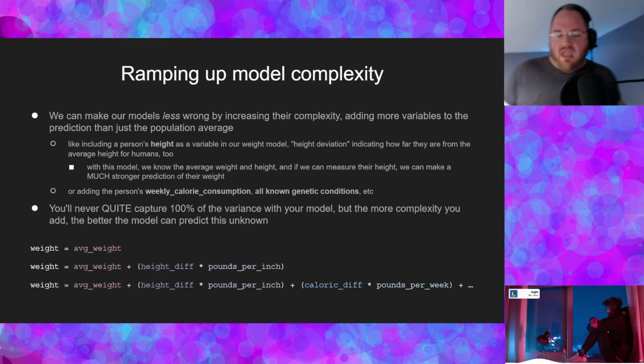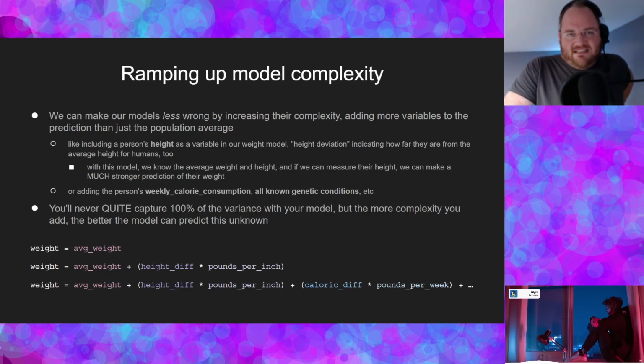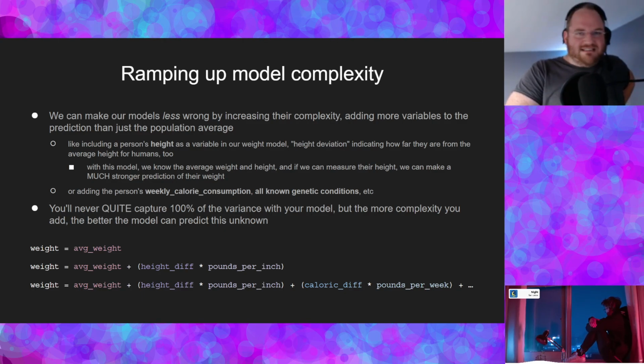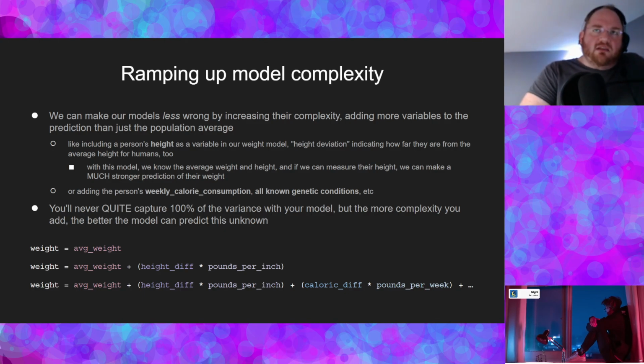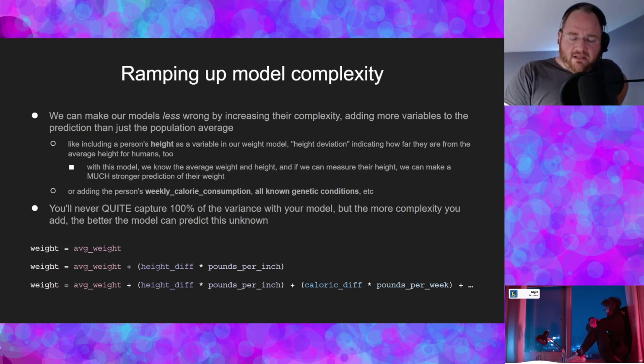For example, if we're still trying to determine somebody's weight, the simplest model is to just say they're probably 150 pounds. Just slapping the average weight onto them and rolling with it. But if you want to be a little more robust with your modeling, you can add other variables that help to predict weight as well.